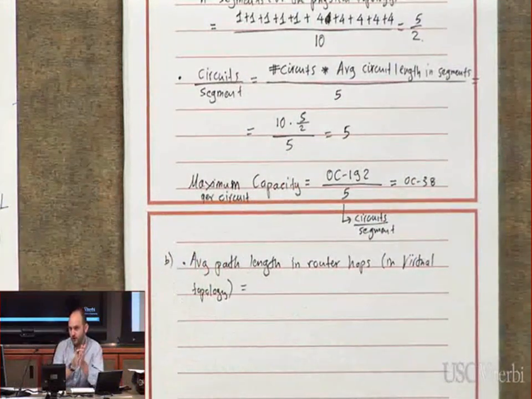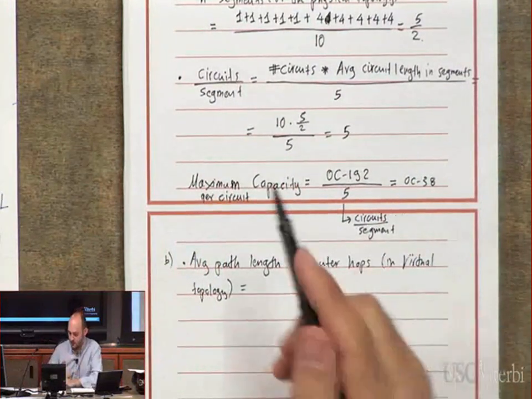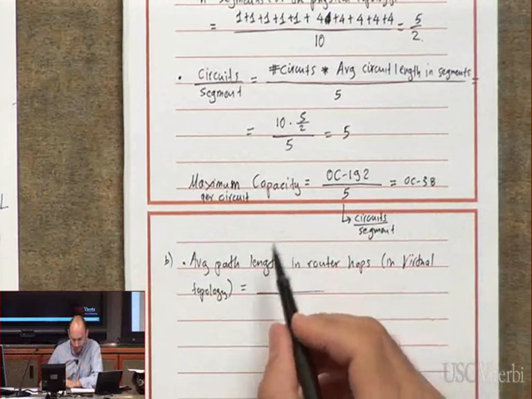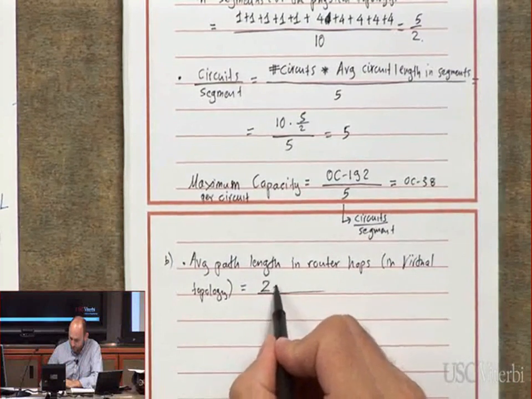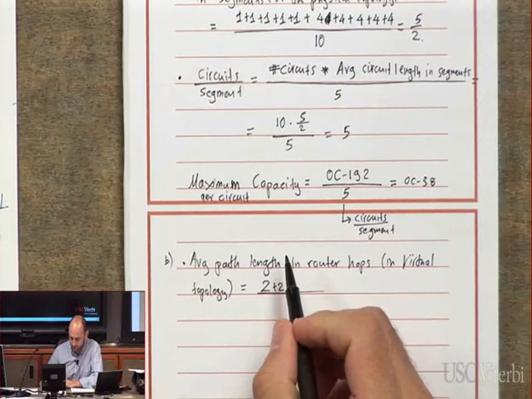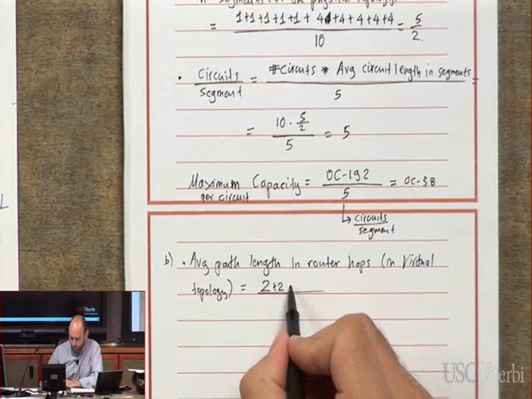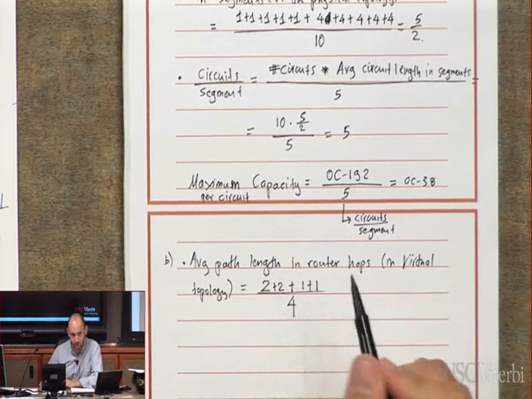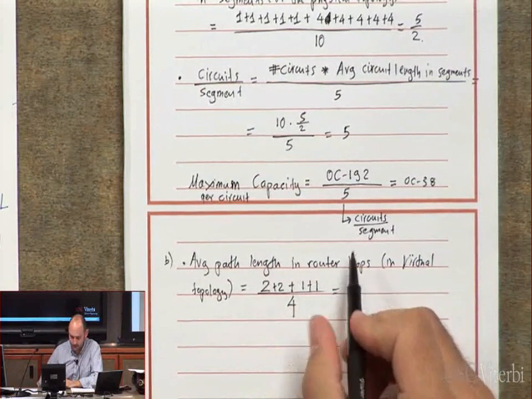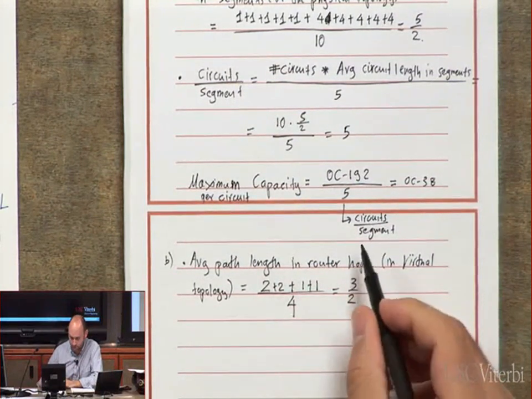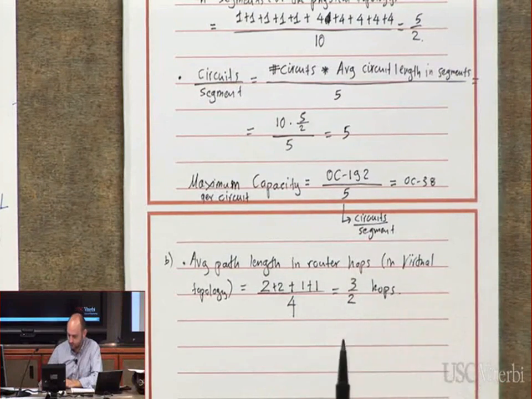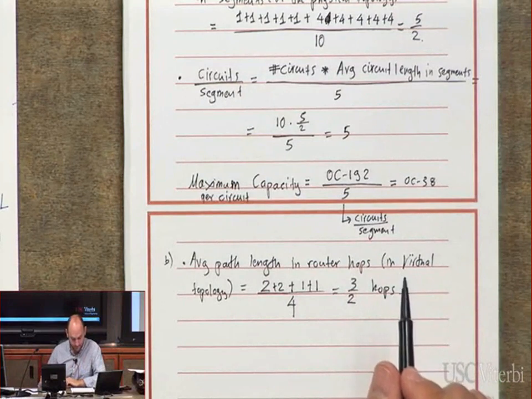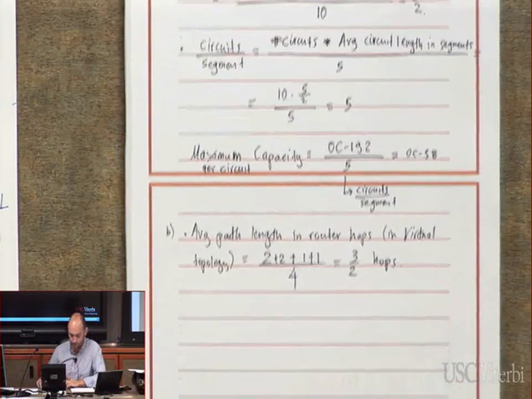We start from one node, we have 4 possible destinations. So the average path length will be 2 plus 2 plus 1 plus 1 over 4, and this is equal to 3 over 2 hops. Okay. So you remember how we did that from the previous time.